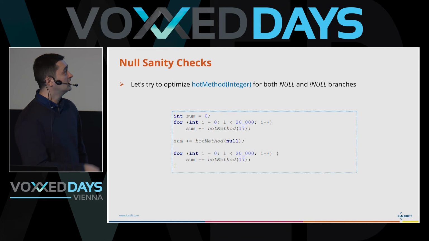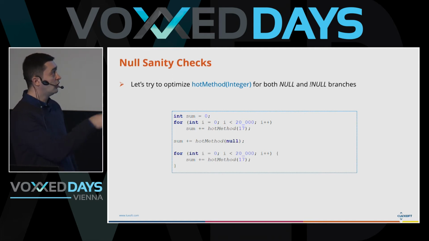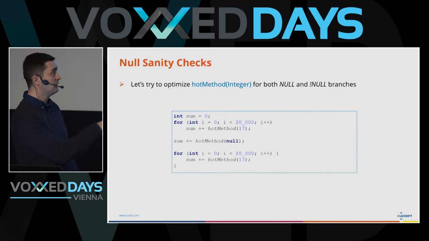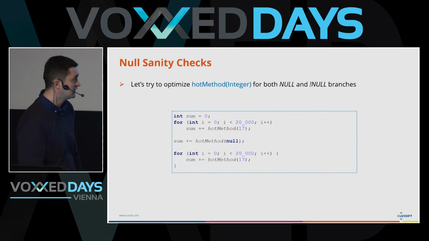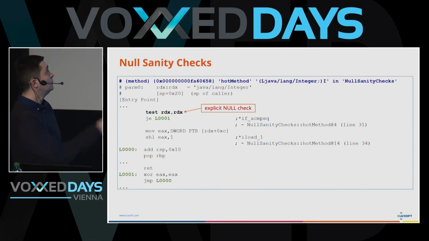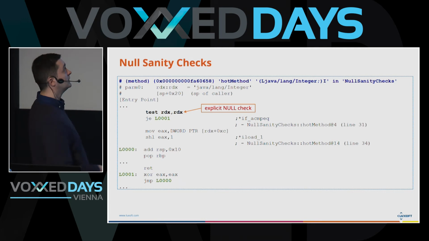If we optimize a bit more, we call the method with null, and after that immediately 20k times with a value which is not null, and we print the assembly as well. We see here the test, it's explicitly added. Mainly we test this RDX, which is the parameter our integer received.